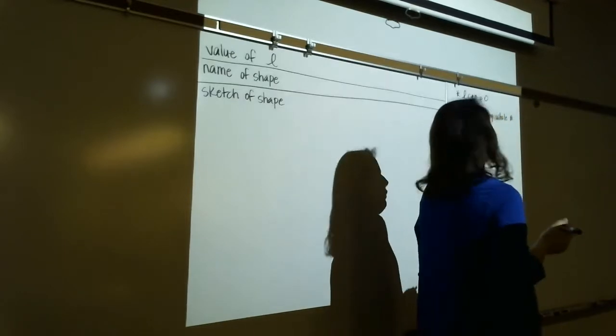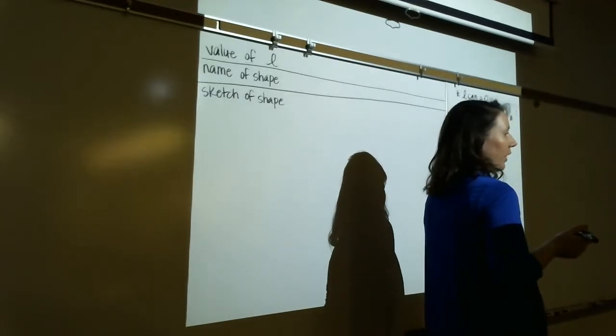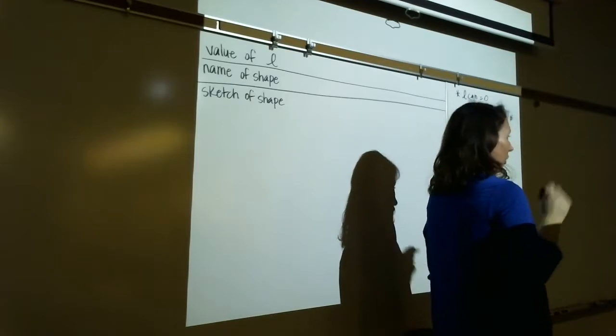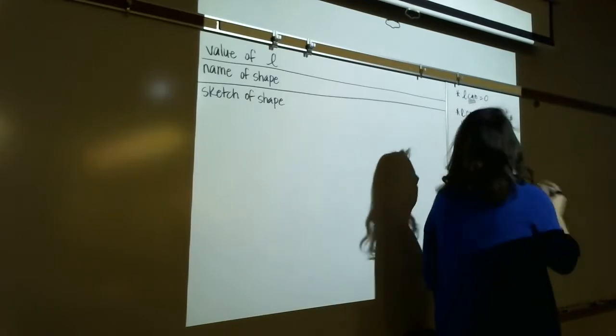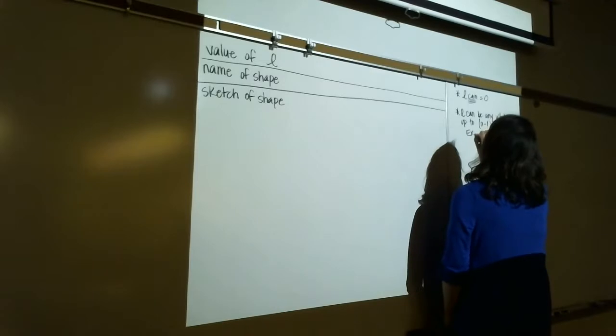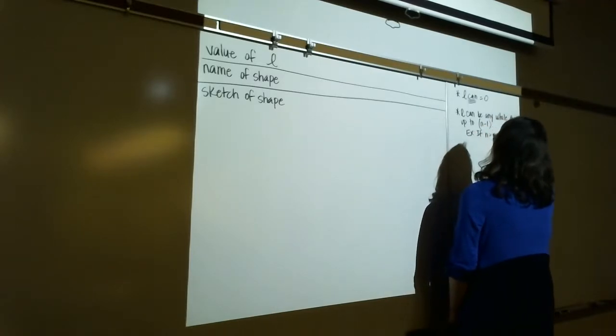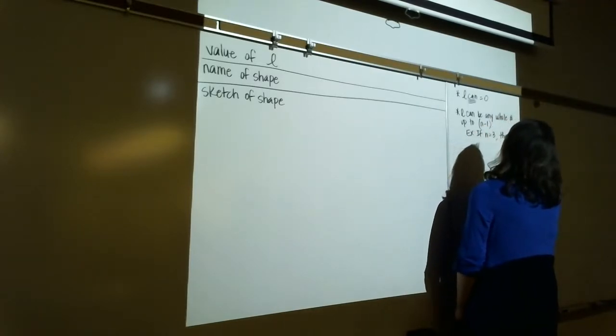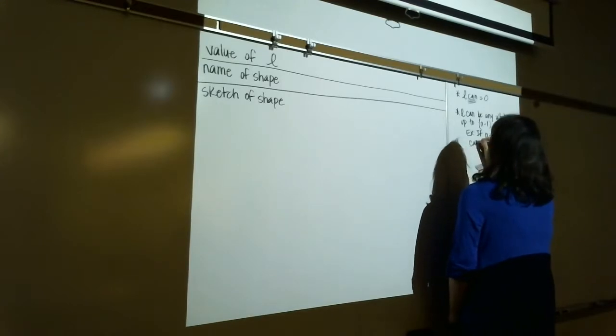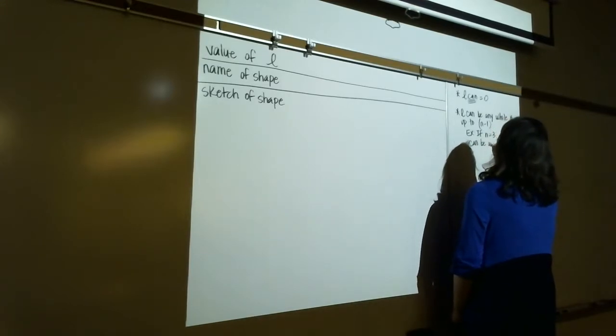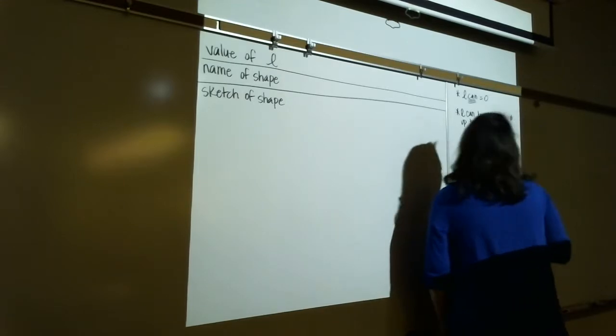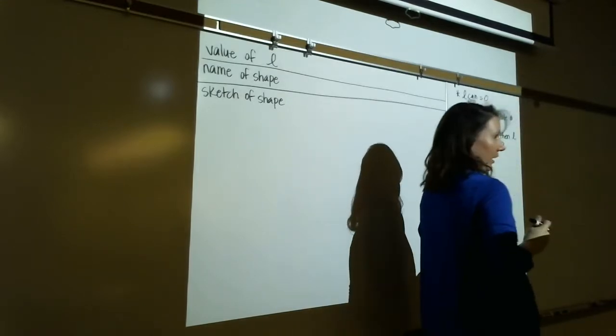Okay, so for instance, if n equals 3, then L could be 0, 1, or 2, right? In other words, L cannot equal N, right?